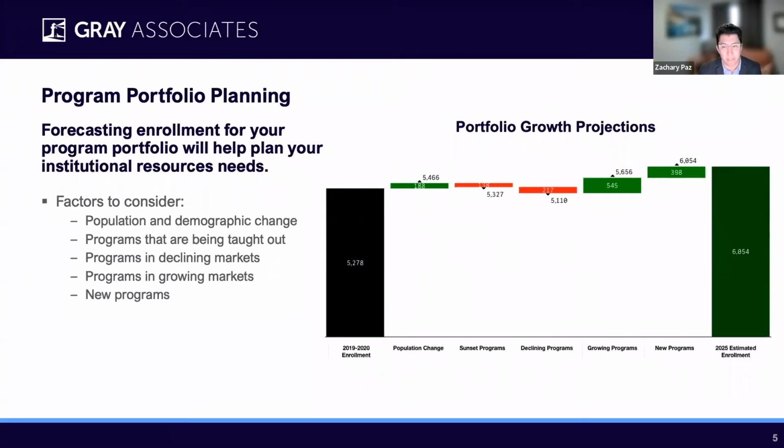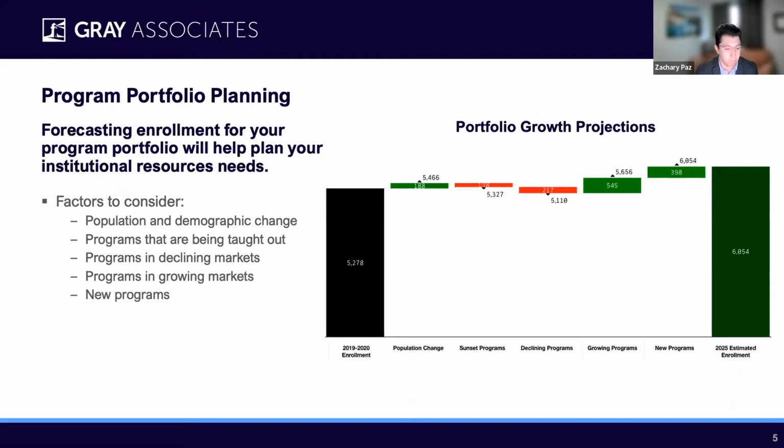Some factors that you want to consider when you're thinking about your program portfolio growth projections are population changes, even demographic changes. How is that shifting within your local market or region or even nationally? Also, understand that you're most likely going to be teaching out programs that reach the end of their life cycle, so how will that affect your enrollment?